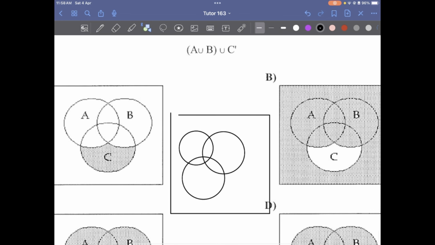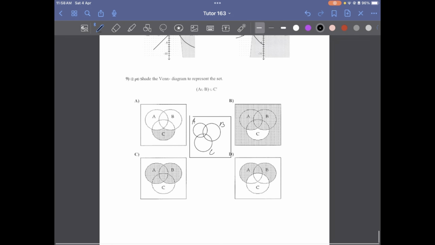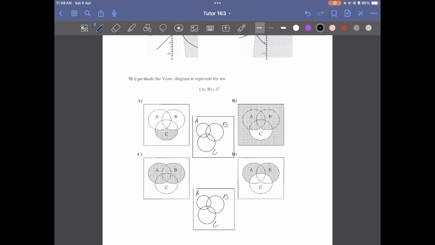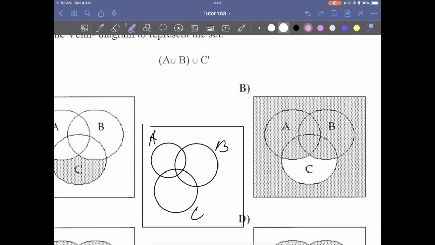Okay, label them A, B, C, right? So this is saying A union B, union with everything outside of C, right?